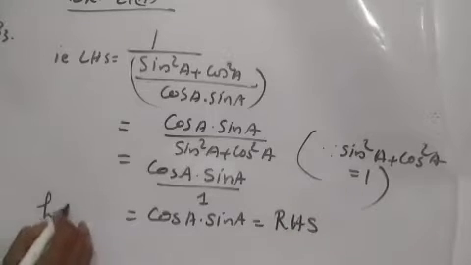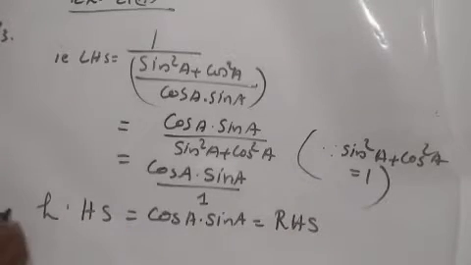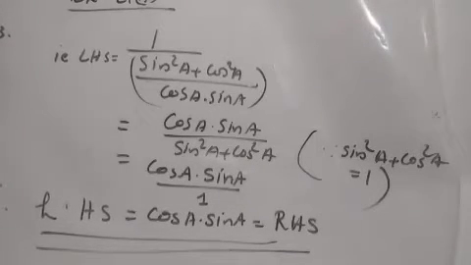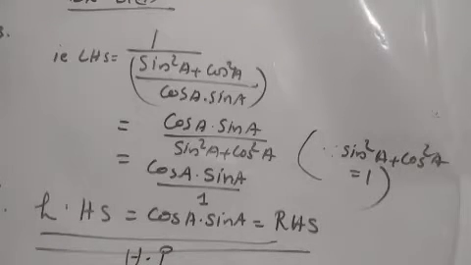So thus we obtained LHS as RHS. Therefore, we proved this. Hence, we proved. Understood? You need to remember all these ratios, that is the relations, square relations, quotient relations, reciprocals to solve the problems.